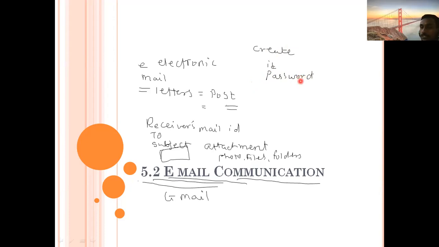There are features. But apart from that, when you're going to have your own email ID and you're going to compose email, apart from To, there are other features also. काय काय असतं apart from To नंतर काय काय येतं त्यामध्ये? CC and BCC are also there. काय असतं हे CC? You can send mail to multiple persons at a single time. But in To also you can send to multiple.